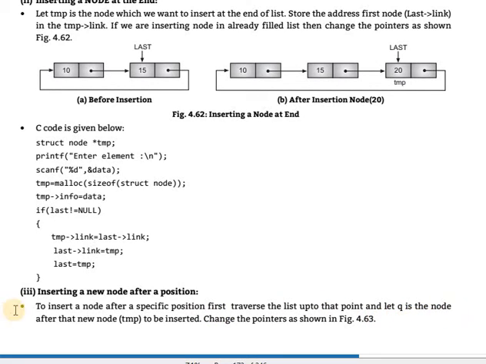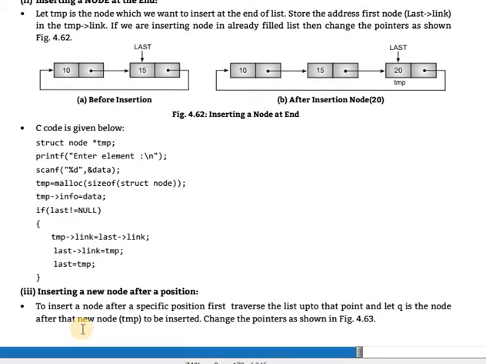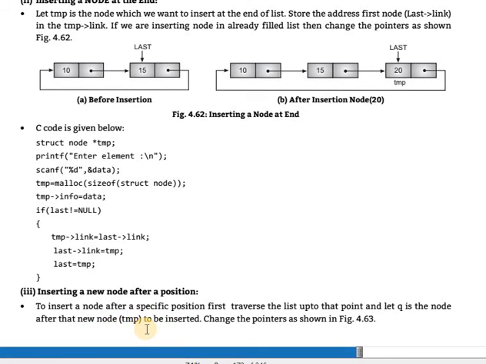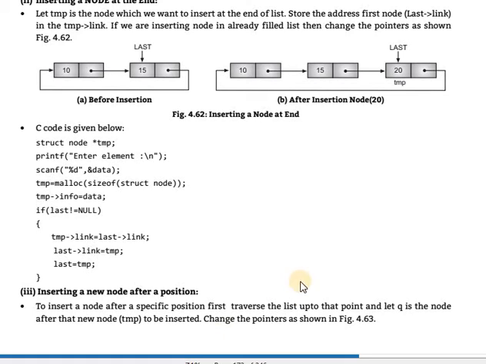Let Q be the node after which the new node temp is inserted. When we find that position, its next is considered and the new node temp is inserted. After that, change the Q pointer and the other pointers as shown in the figure.